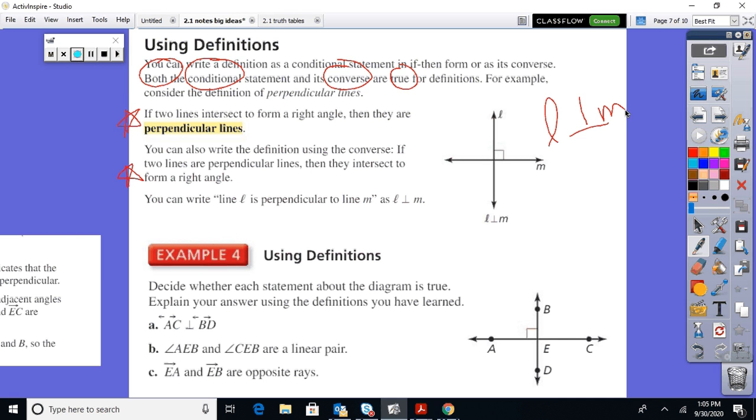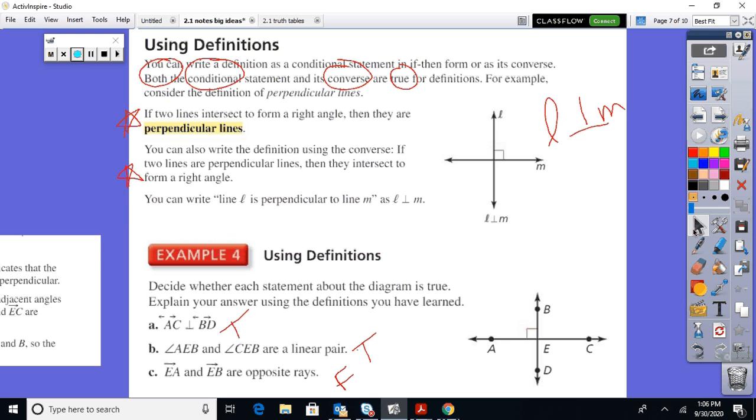All right. Example 4, decide whether each statement about the diagram is true. Explain it with a definition that you have learned. So in part A, AC is perpendicular to BD. Yes, that is true. B, AEB and CEB are a linear pair. That's also true. C, EA and EB are opposite rays.